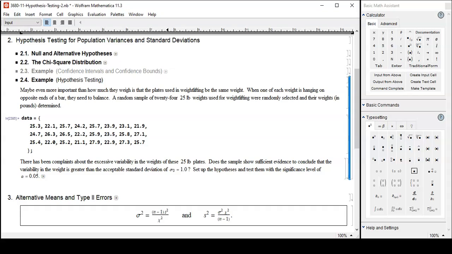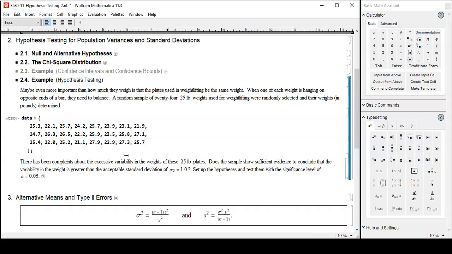We have 24 measurements, no, excuse me, not different measurements of the same thing, but 24 weight plates of some weightlifting, and they have to be well balanced. For example, if the left-hand side one is much heavier than the right-hand side one, then the weightlifter will have a hard time, so they have to be well balanced.